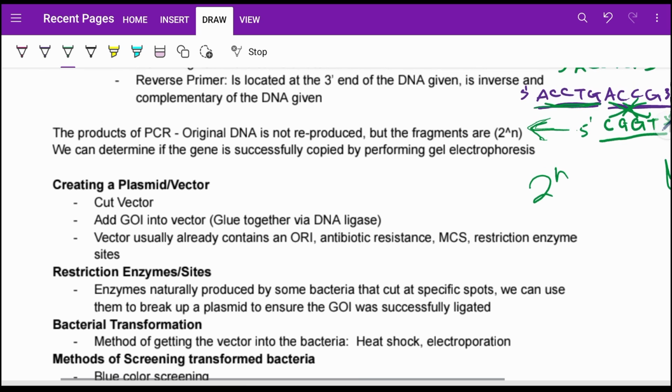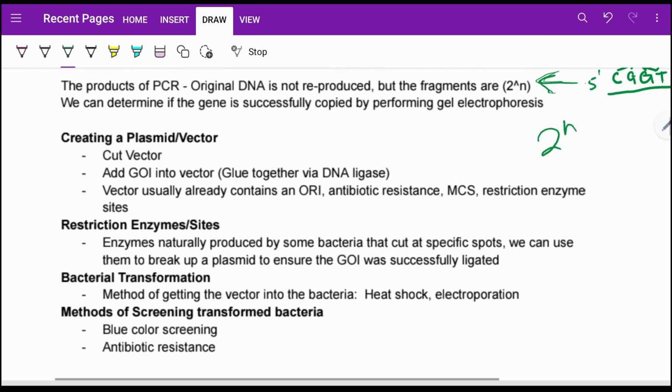First, we have to cut the plasmid, usually using a restriction enzyme, which we will get to in a minute. And then we add the gene of interest into the vector with DNA ligase, and that gene of interest was amplified in PCR. So this goes PCR, creating plasmid vector, and then we just keep going down to do the whole method of cloning.